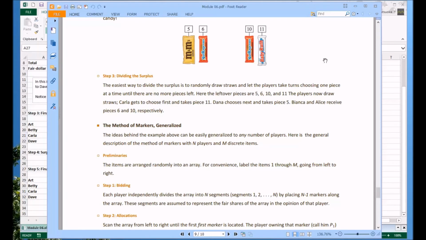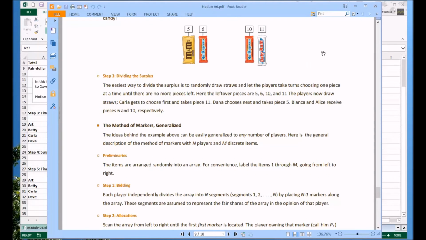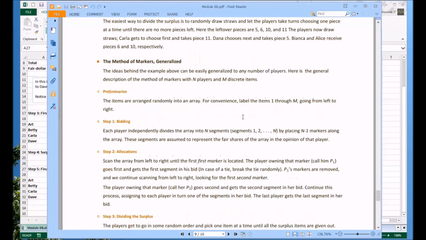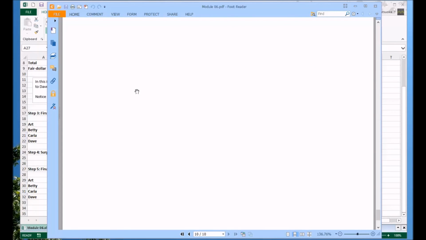Then each person has what he or she considered to be a fair share, plus an extra candy, so everybody's happy. So that's step 3. That's how you play this game. I also recommend you read the generalized version of the rules here and see how this works. And that's it for Module 6.